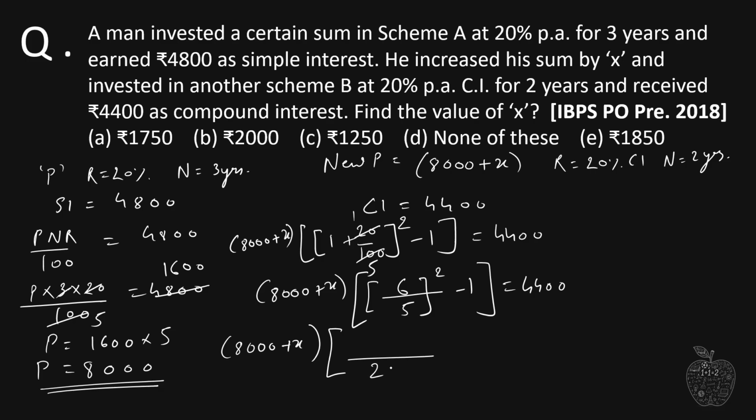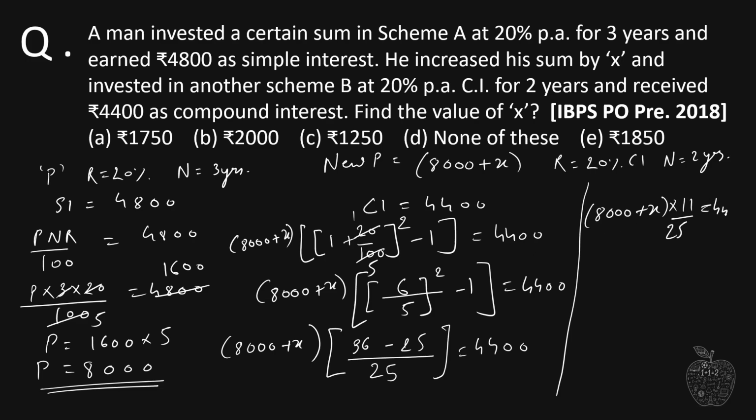So let's take 25 as the LCM, and here 36 minus 25 we get, and this is equal to 4400. So let's solve here now. We get 8000 plus X into 36 minus 25, which is 11, over 25 is equal to 4400.